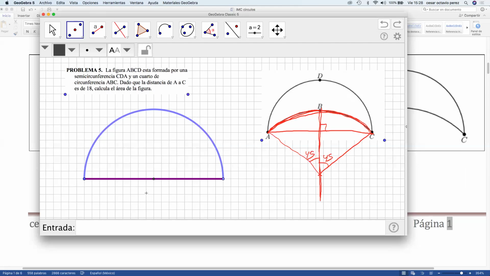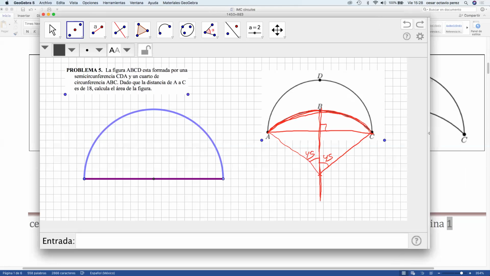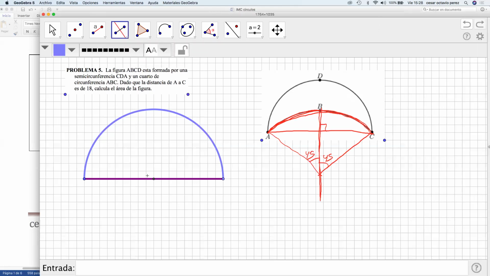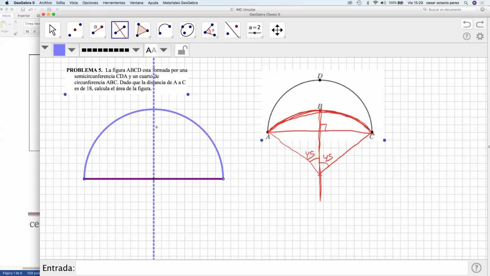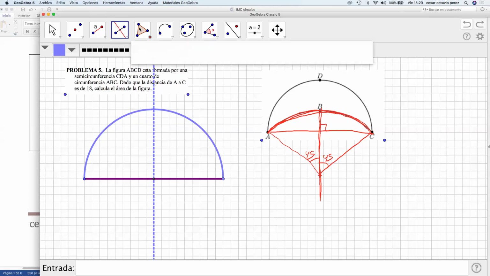Because if we want to draw this, it's useful. This is perpendicular. And because we will have a quarter, we need 90 degrees. We want 45 and 45. So we can draw something like this.